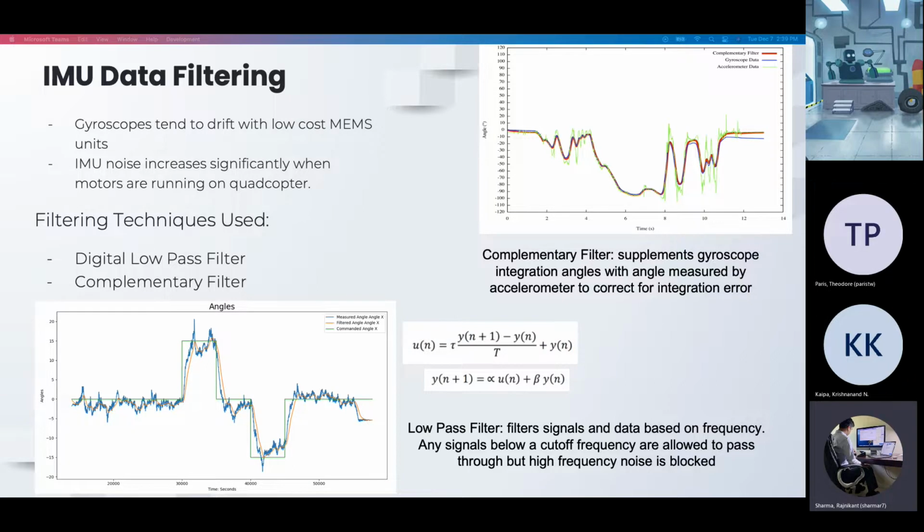This has the adverse effect that since accelerometer data can be pretty noisy, our IMU noise increased a lot, especially when the quadcopter was running and the vibrations from the motors were going through the frame and getting to the IMU. So we had another filter on top of that, which was the low-pass filter that Ted described. So down here you can see the blue line is your actual raw data, and then the orange line is our low-pass filtered data.